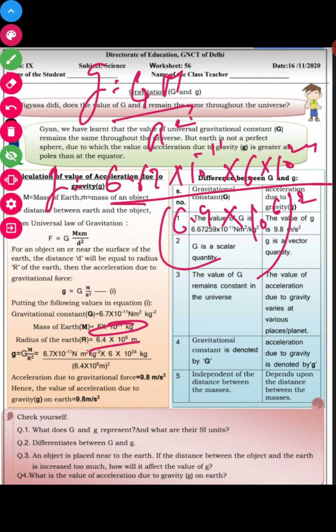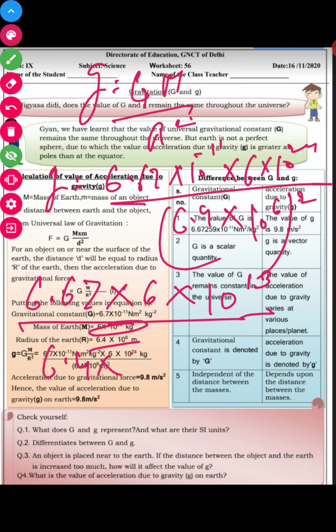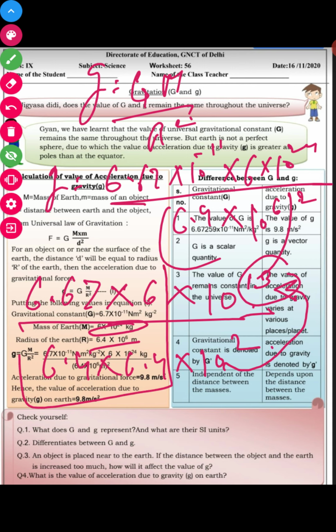So let's find out how we will do this calculation. 6.67 into 6 into 10 raised to power, see this, this is 24 plus, this is minus 11, then it will become 13. And we have this 6.4 into 6.4 into 10 raised to power 6 to the 12. This also moves upward and becomes the negative value, so then we will subtract, and for these values we have to multiply these two terms and then divide, and we will get the value.